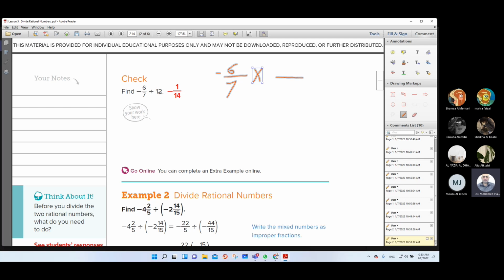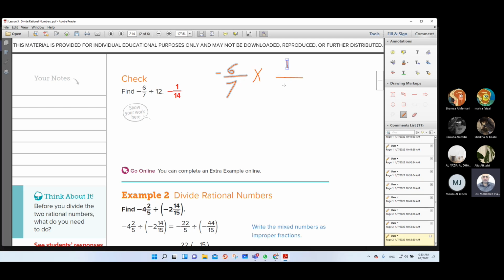The reciprocal of 12 is 1 over 12. Then we simplify. We can divide 6 by 6 and get 1, and 12 divided by 6 is 2.